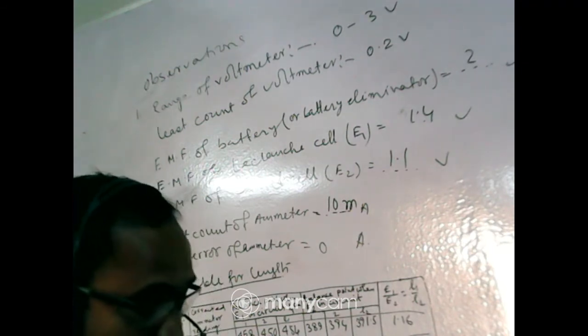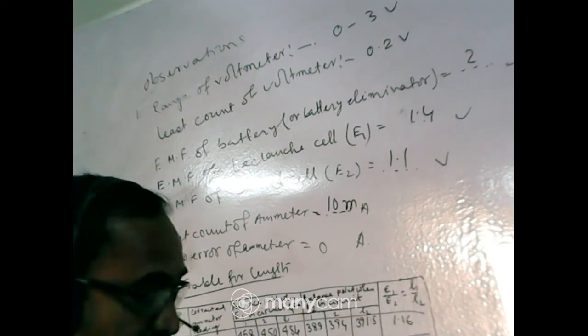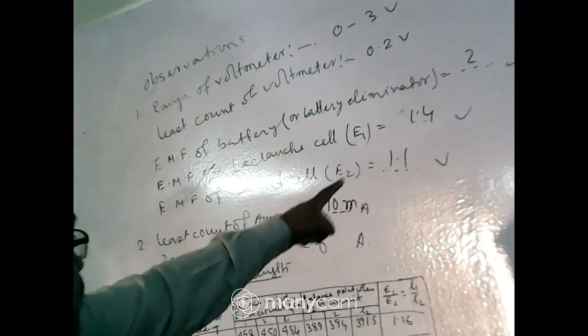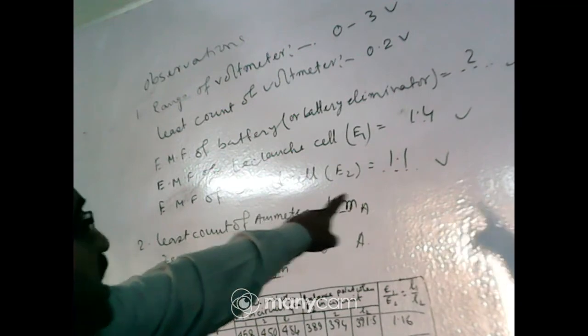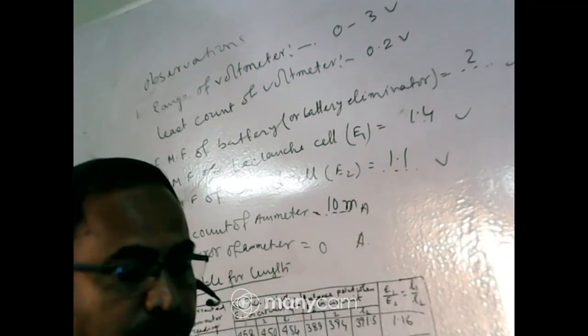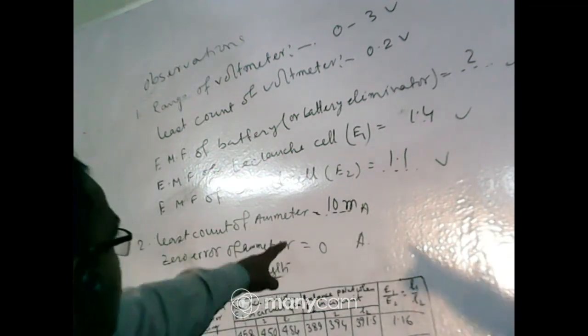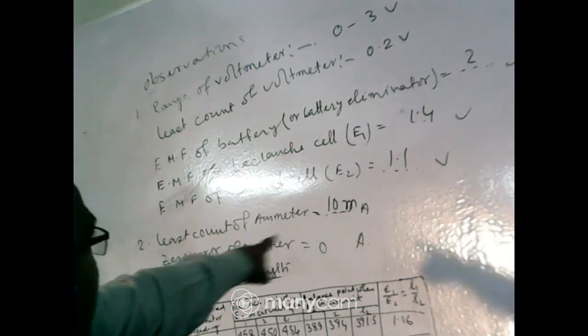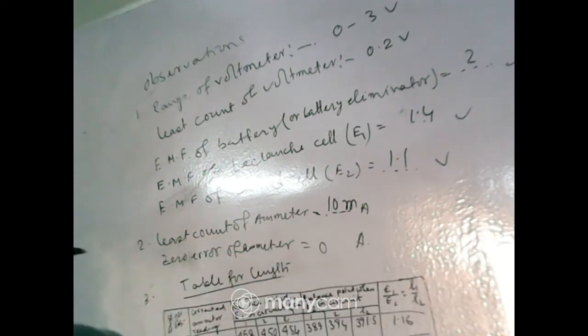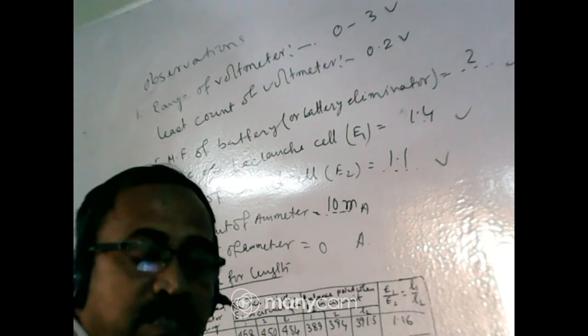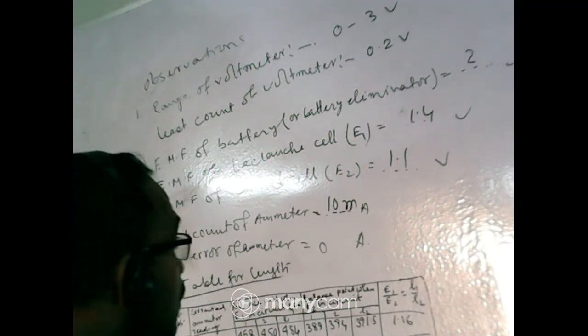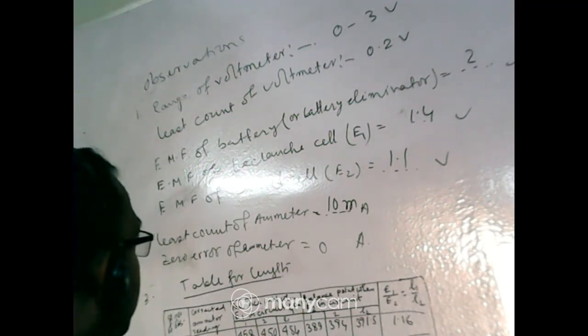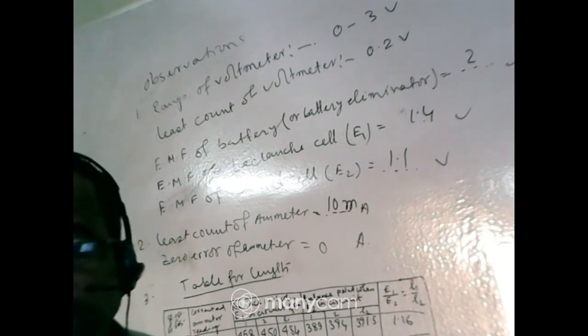Okay, so EMF of the Leclanche cell equal to 1.4 volt, and EMF of the Daniell cell equal to 1.1 volt. Okay, my dear student, you see that the least count of the ammeter is 10 milliampere, and zero error of the ammeter is 0.